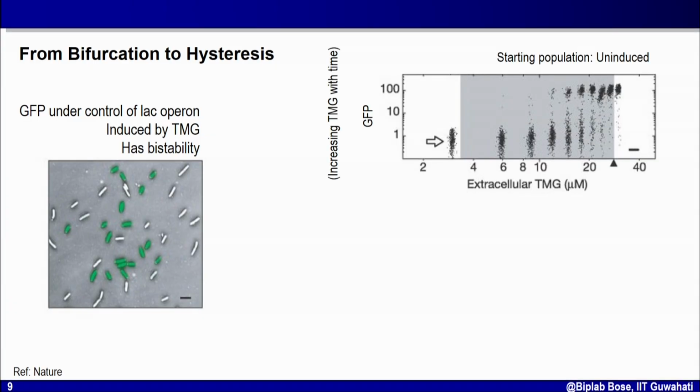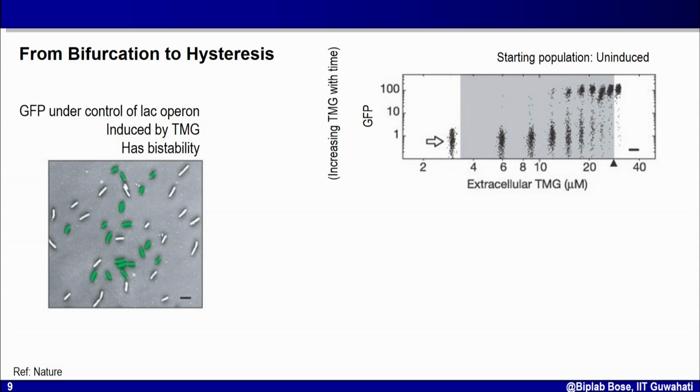And if you remember, all cells will not express the same amount of GFP based on the same induction value, because I will always have some amount of difference in the expression of protein from cell to cell. So they did a very simple experiment. Initially, they took cells which are uninduced. Those uninduced cells have very low expression of GFP, and you get a very low value of GFP intensity.